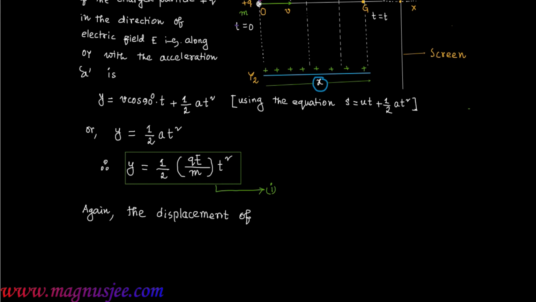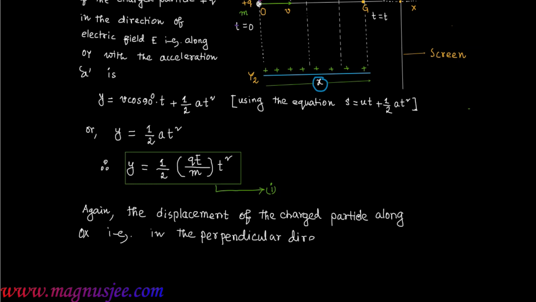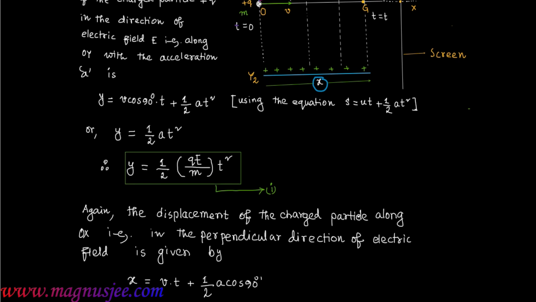Again, the displacement of the charged particle along OX, that is, in the direction perpendicular to the electric field intensity, is given by x equal v dot t plus half a cos 90 degree into t square.